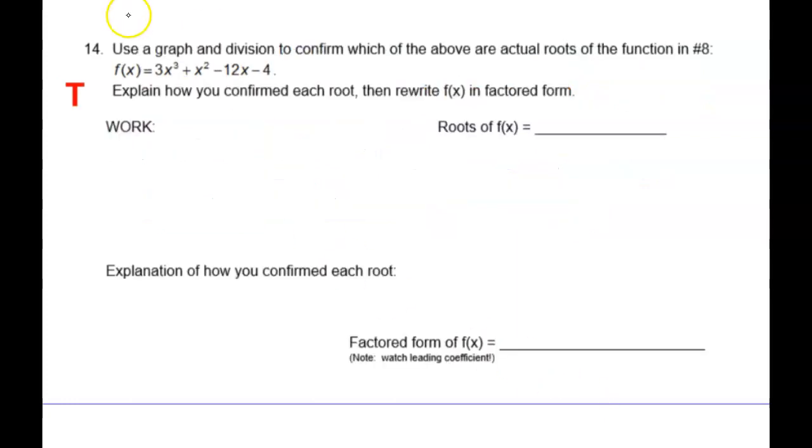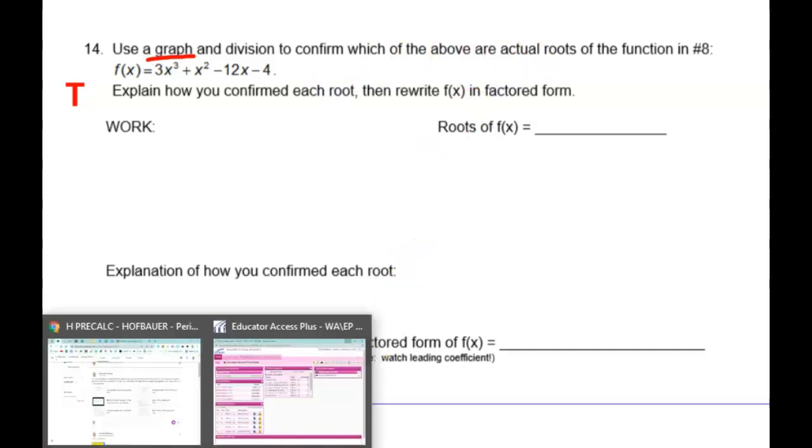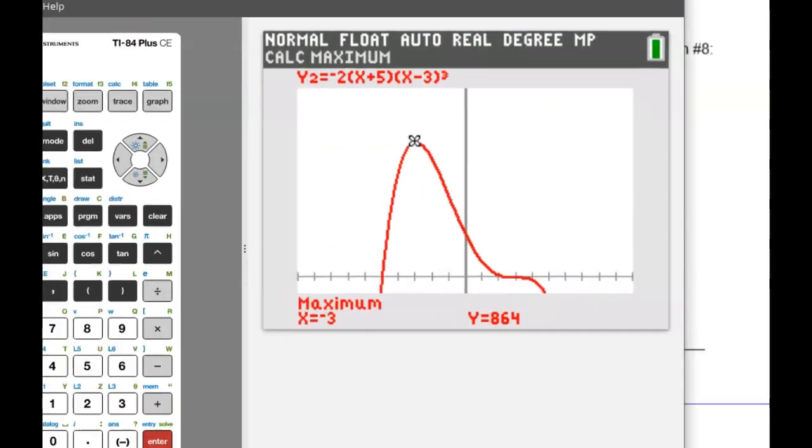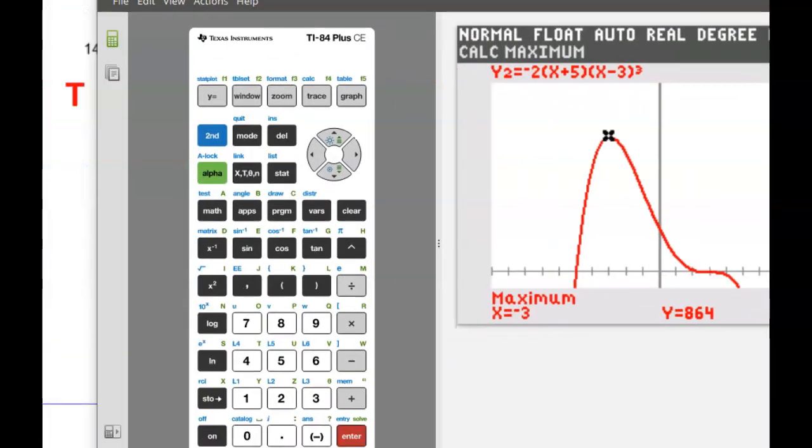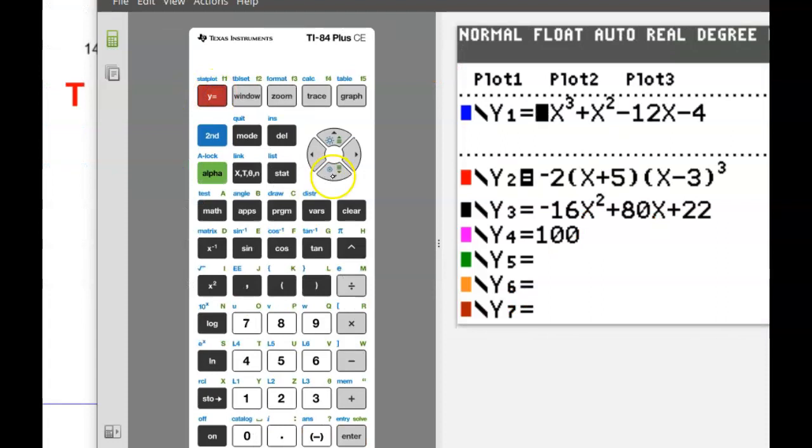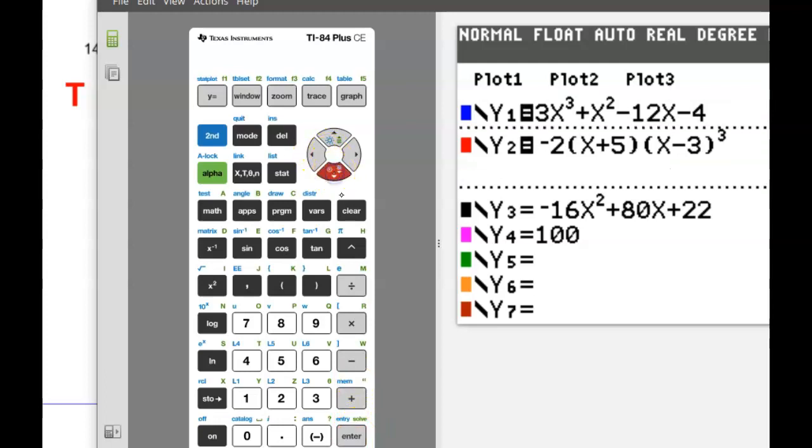You do not graph it for that, okay? This one says use a graph to confirm which of them are zeros. So you go to your calculator and you type it in. Is that the question, guys? This first one? Okay.